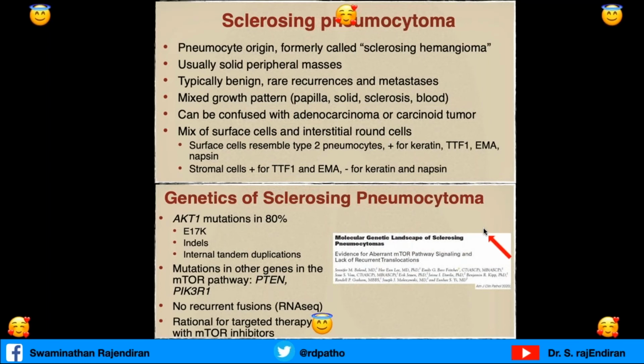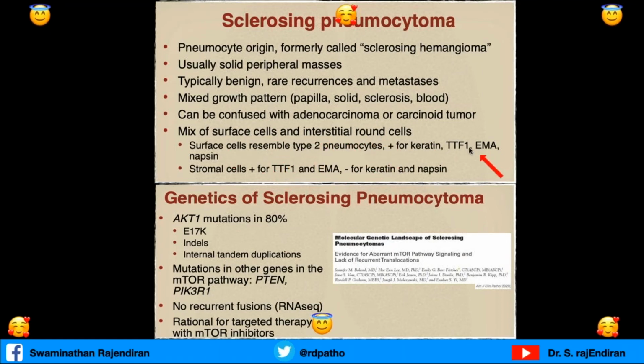Few words about pneumocytoma. As I told you, they were called sclerosing hemangioma. Solid peripheral mass. I told you it looks like a leiomyoma. The other differential diagnosis is solitary fibrous tumor. Mixed growth pattern can be seen, and it can be confused with adenocarcinoma because of the glandular epithelium. Mix of the surface cells and the interstitial round cells, which I showed you in the stroma.